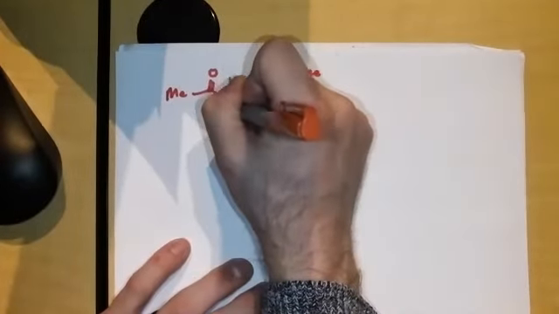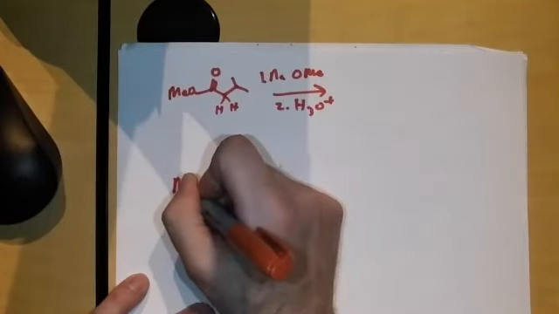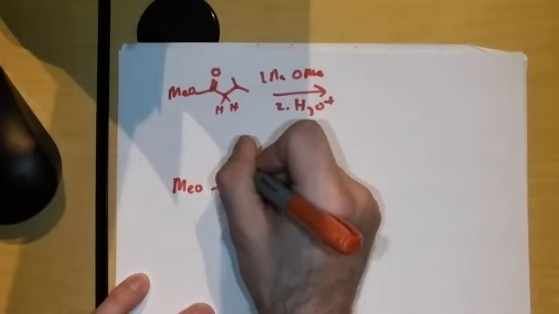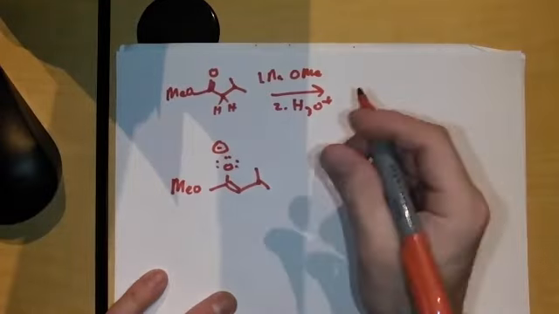We're going to form our enolate. OMe. This can attack another equivalent of itself.